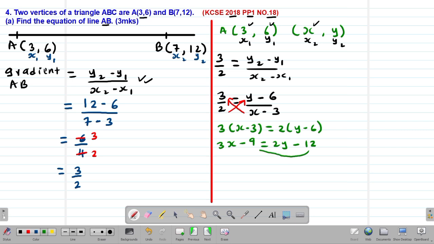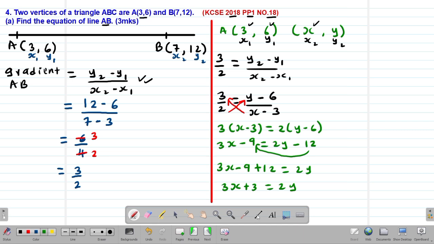I'll take the 12 to the left hand side, where it becomes positive, so 3x minus 9 plus 12 equals 2y. I get 3x plus 3 being equal to 2y.